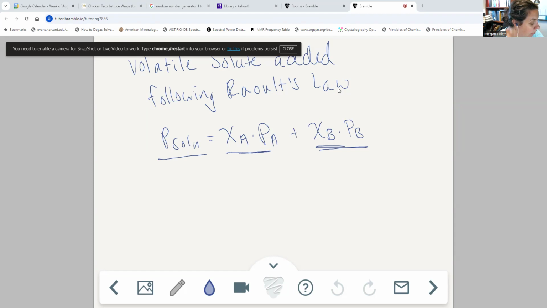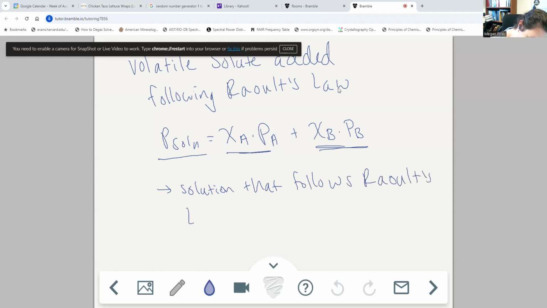So as a note, a solution that follows Raoult's law is going to be called an ideal solution.